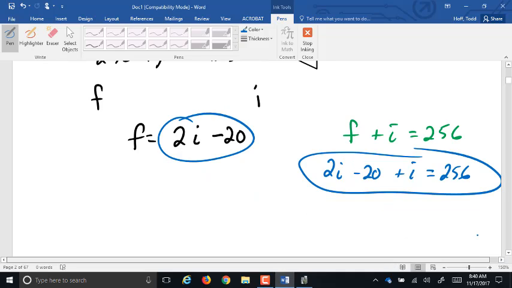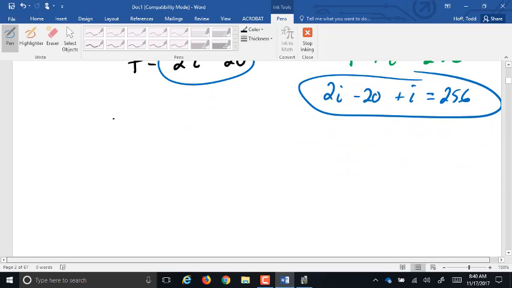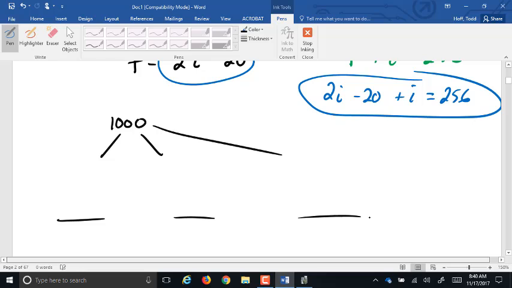Which one do you want to look at next? Distribute $1,000 into 3 parts. So those three parts have to add up to $1,000.